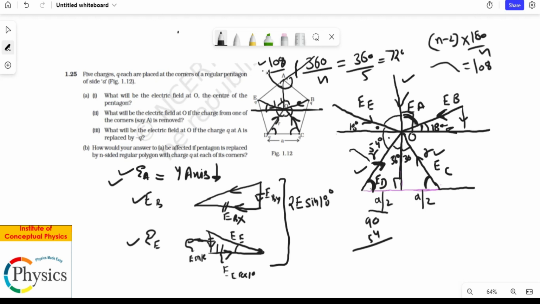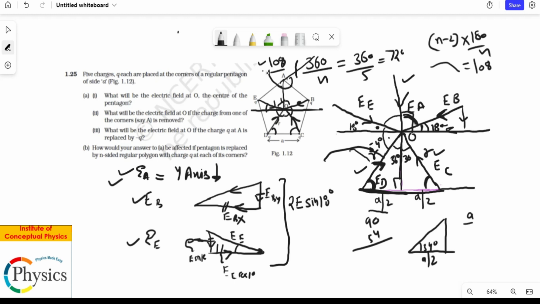So if you know that this is the A side, this is A, and this is the base, so this is A by 2. So we can always find it if this is our base, right? We know the angles inside, so we can find the value of the hypotenuse also, right? So it is something like this. I know the base is A by 2 and this is my angle, 54 degrees.